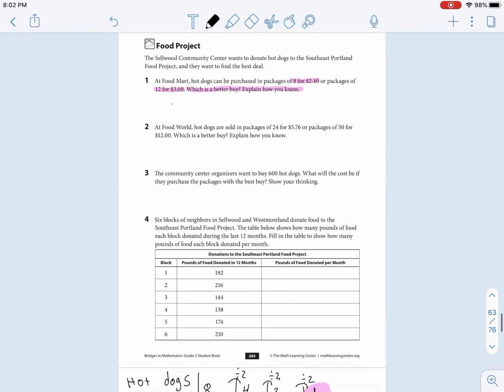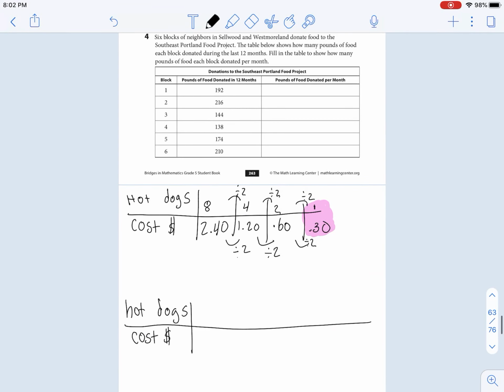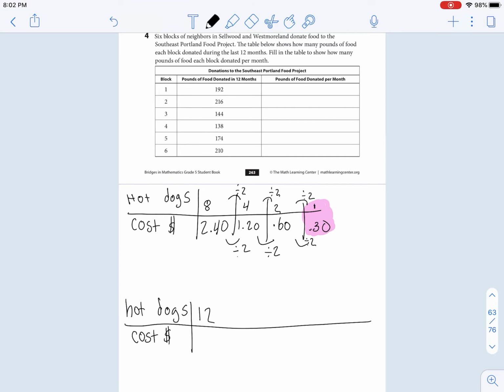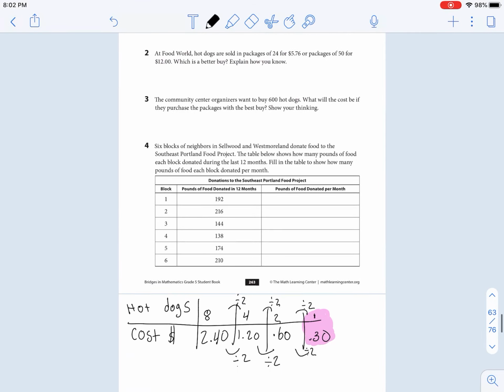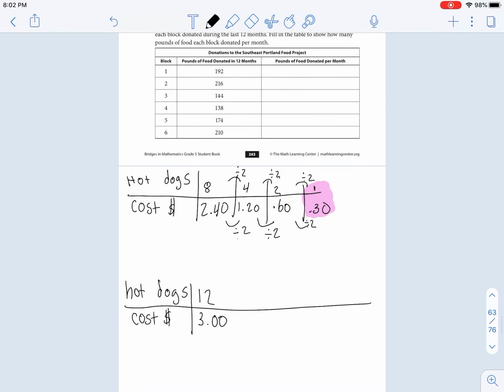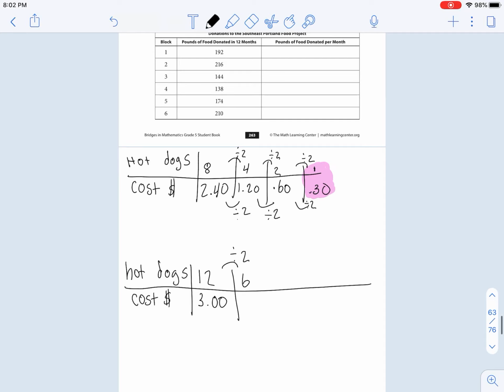And we know here that you can get 12 hot dogs for $3. And again, we're going to try to figure out the cost of 1 hot dog. So I know that half of 12 is 6, and I know that half of $3 is $1.50.